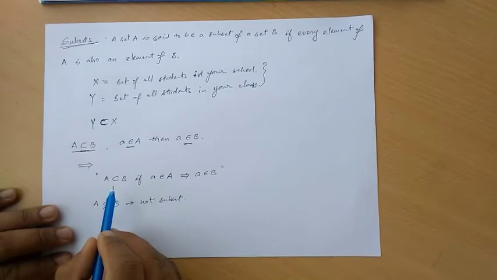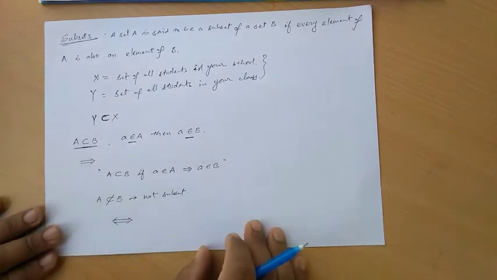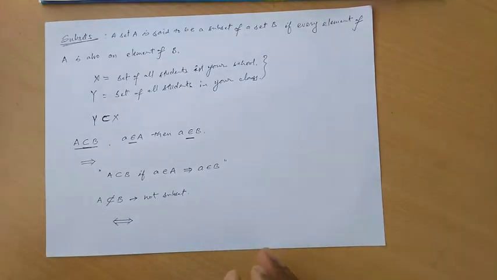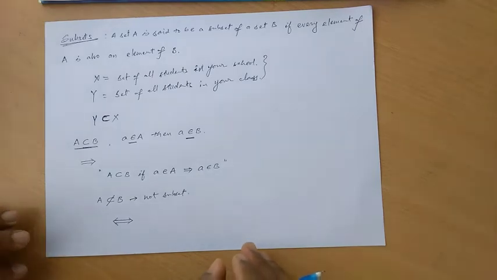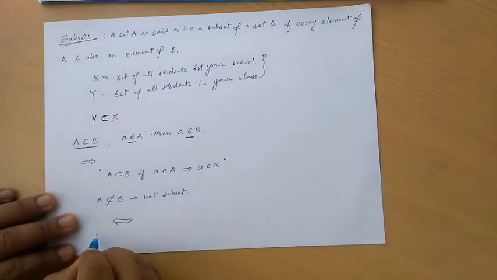Also we will encounter one more symbol. This is the two-way implication, and it is usually read as if and only if.